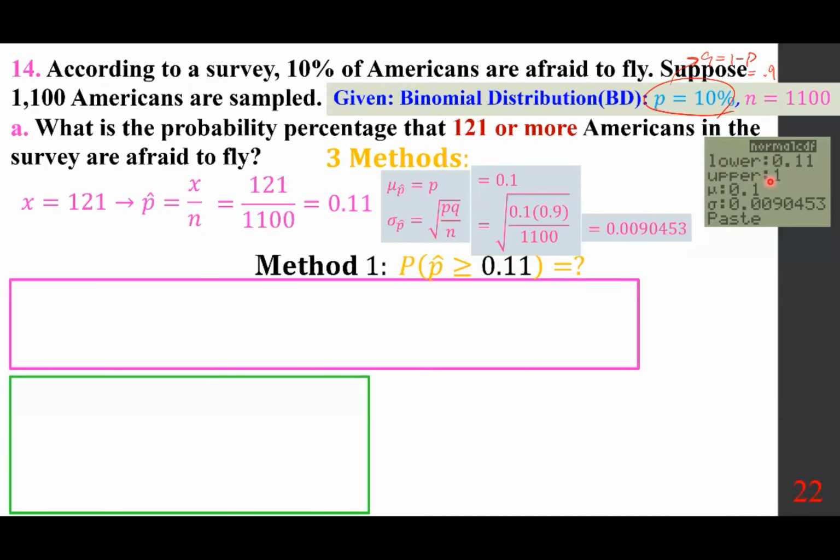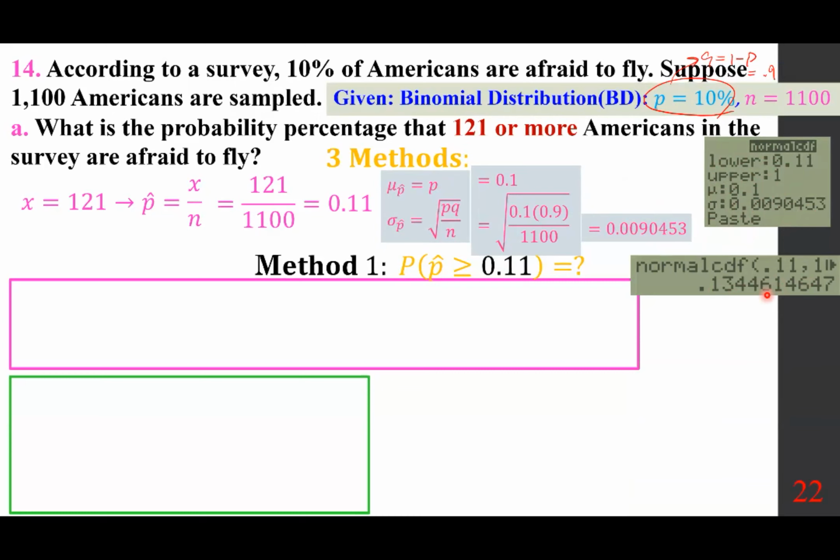Although the technology recognizes this as a normal distribution, I used 1 because we're dealing with P and P hat, and a proportion can't be larger than 1. Mu is 0.1, and sigma of P hat is this number. When you do the math, it gives you this answer.